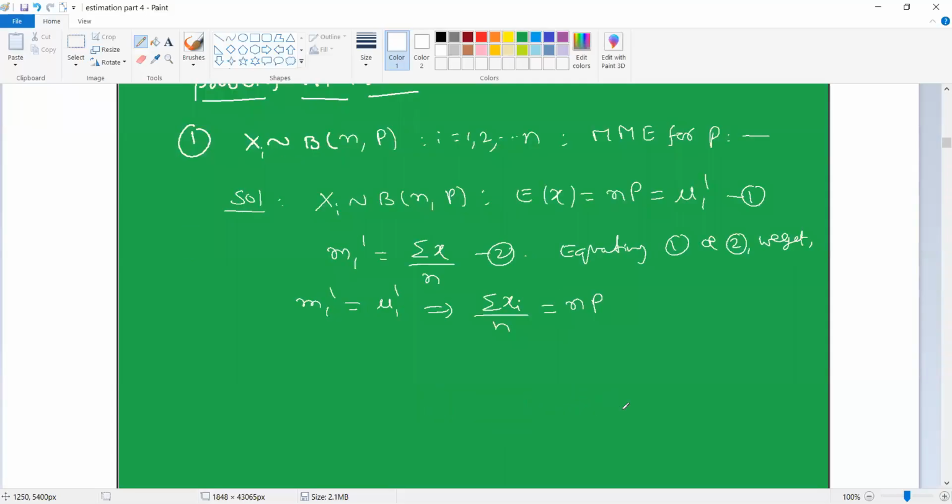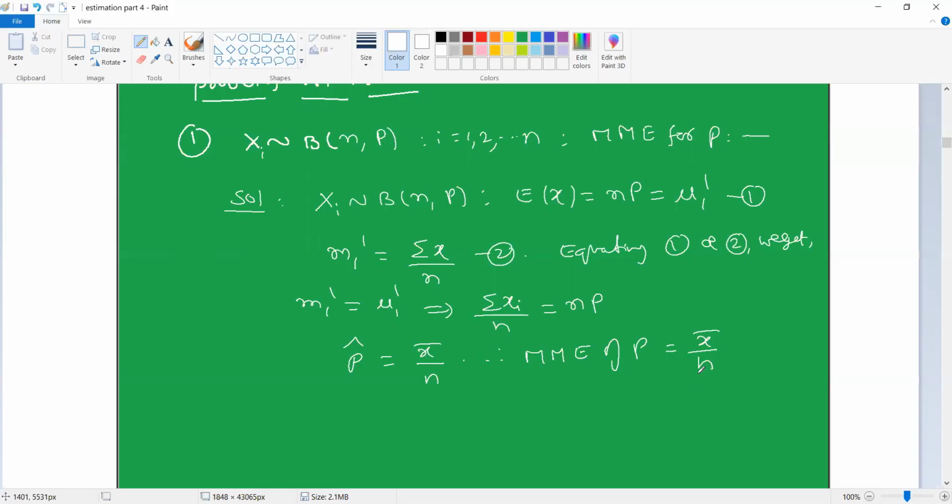Our requirement is p here. So p is equal to x bar by n, where summation xi by n is called x bar. This is p cap. Therefore, the MME of p is equal to x bar by n. This is very simple. This is an unbiased estimator of parameter p.